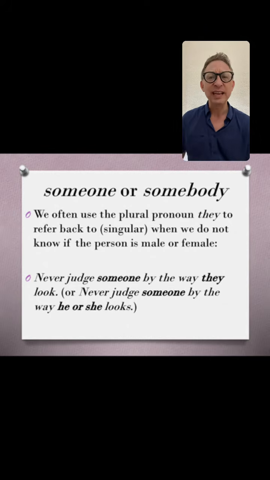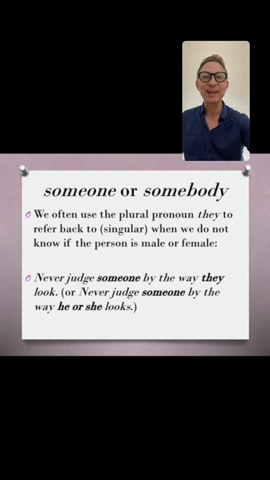We could use he or she, but it's not so common. When you're speaking, you would never say that. If you're writing formally, you might, but most formal journals, formal stylists will accept they as a substitute for someone, somebody, anyone, anybody.